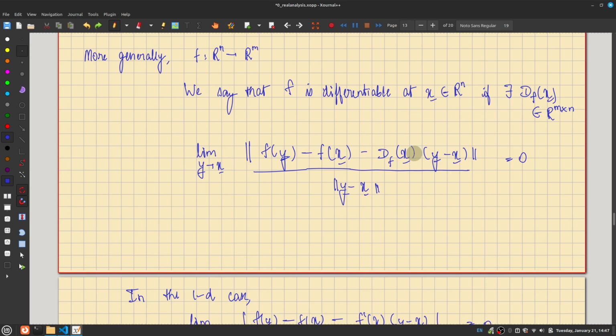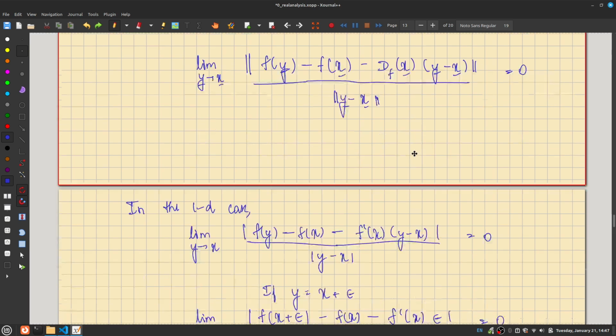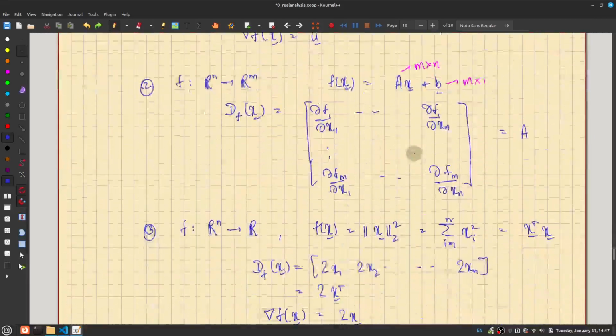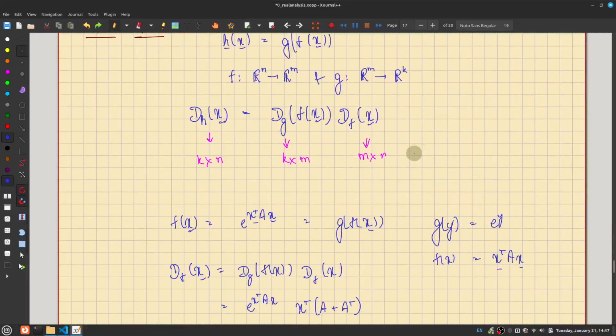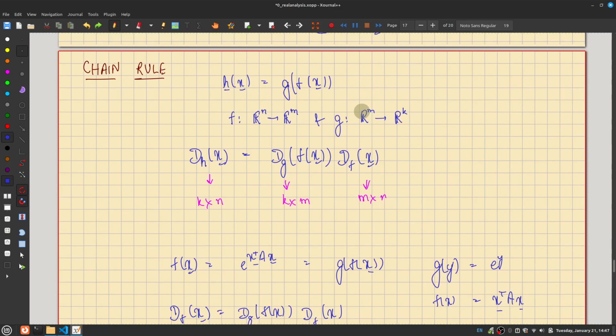It's just a matter of notation, nothing else. But the nice thing, since I don't use the transpose, the chain rule becomes much simpler, because then it is just dg times df. Otherwise, I would have some transposes sitting in here. That's the convenience that we get.